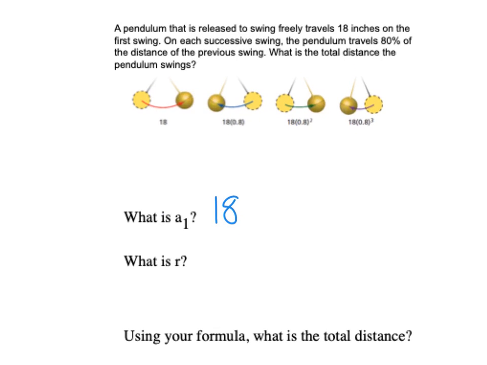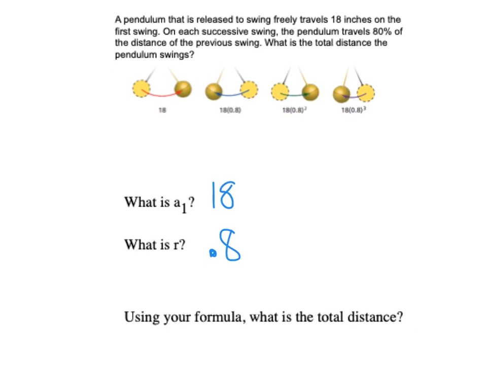Our ratio, looking at the story problem, says the pendulum travels 80% of the distance of the previous swing, which means our ratio is 0.8, because that's 80%.